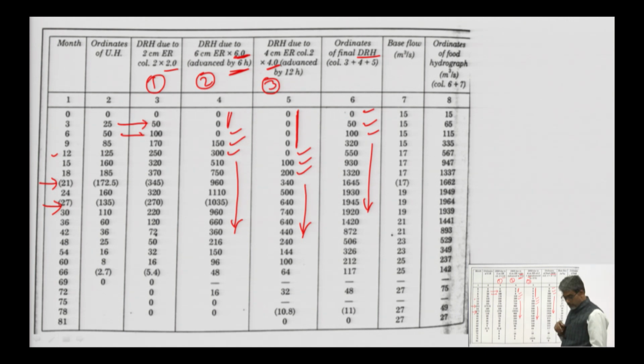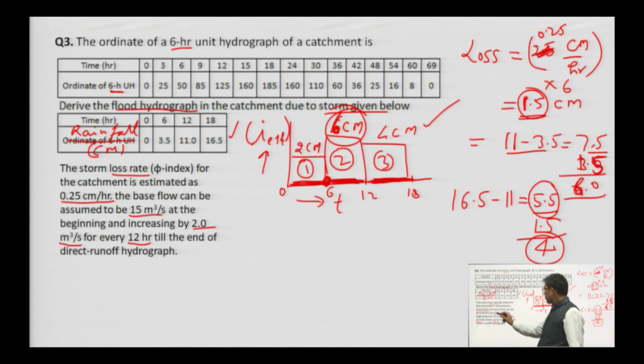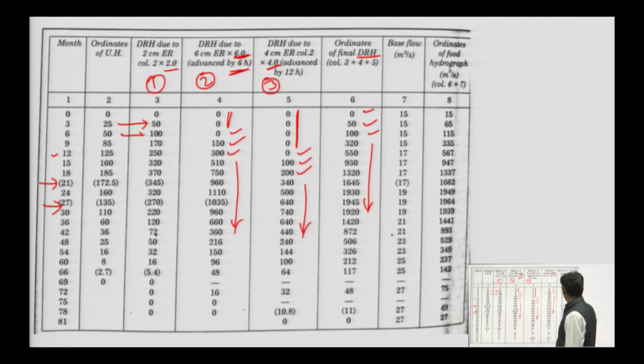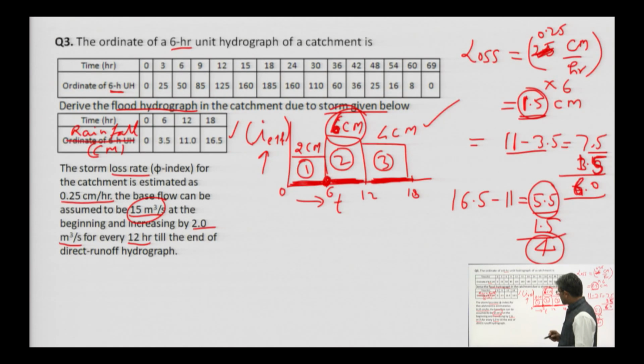Base flow has also been given. Base flow is how much? Base flow can be assumed to be 15 at the beginning. And it has also been mentioned that for every 12 hours, it is increasing by 2 meter cube per second.